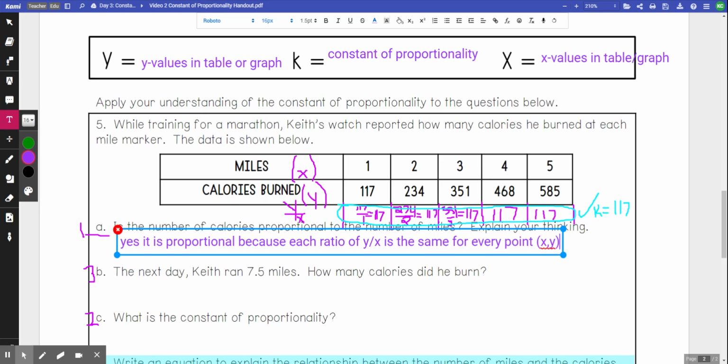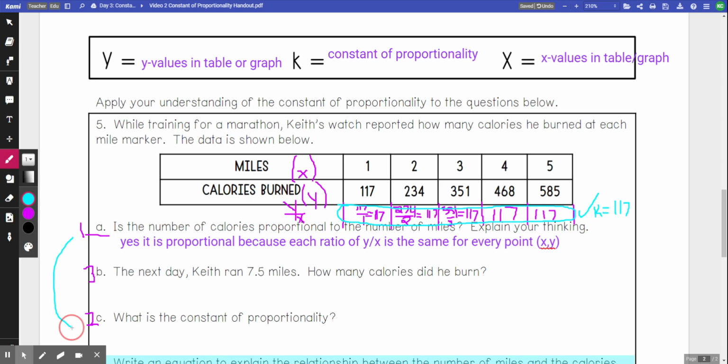Or you could say when you did the division for each set, you got the same answer. Now we're going to pop down here to 2 because we've already answered it, essentially. What is the constant of proportionality? The constant of proportionality is that ratio you get. So in this case, the constant of proportionality would be 117.